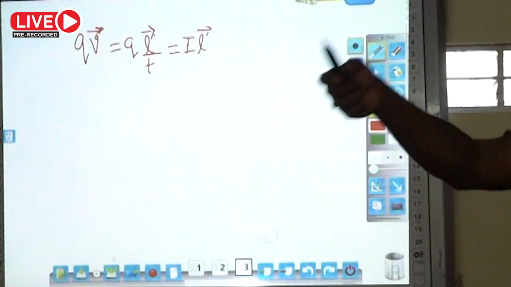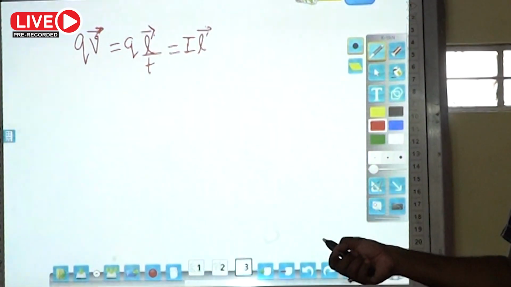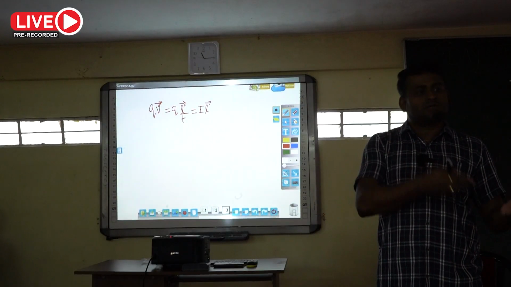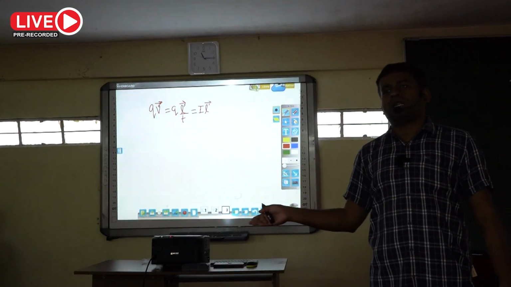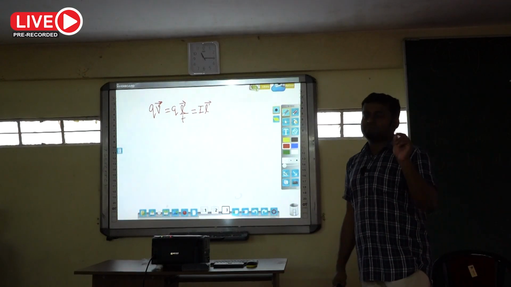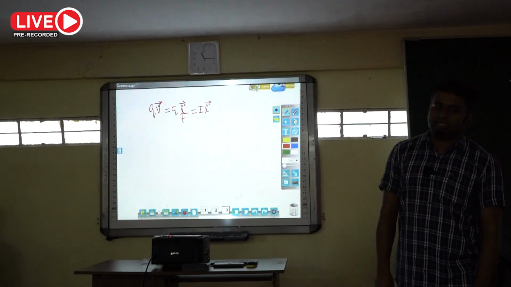So that's why around a current carrying wire you will get magnetic field. If the charge is moving, you can get the magnetic field. If current is flowing through a wire, that is similar to the movement of the charge, so around a current carrying wire you will always get a magnetic field. That was experimentally determined by Oersted. That is the Oersted experiment.